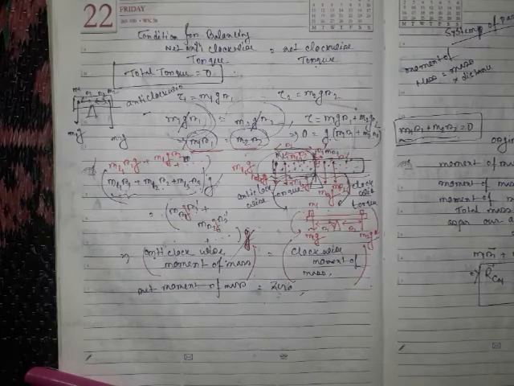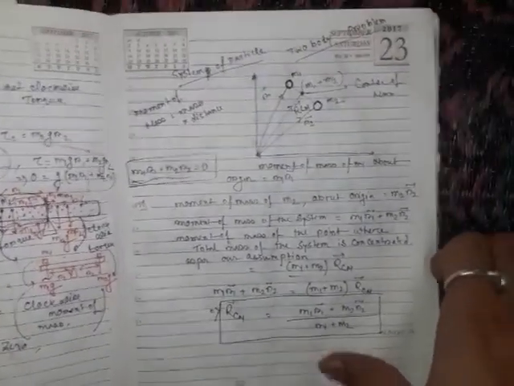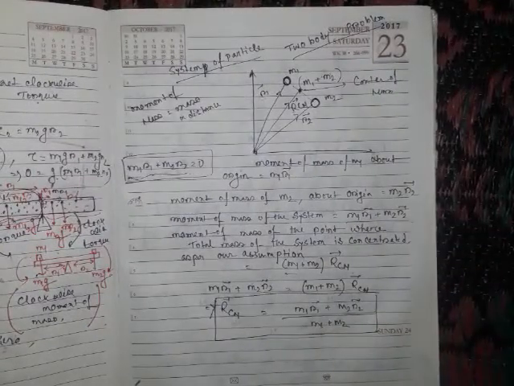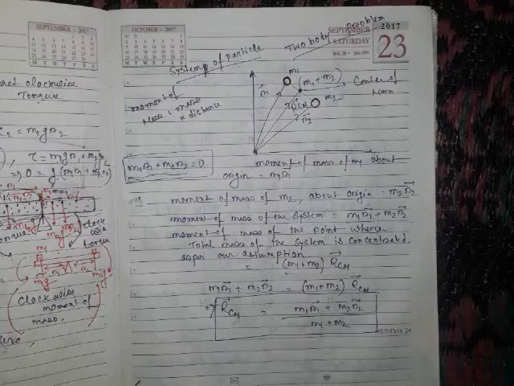So the first definition of the center of mass is that it is a point about which the total mass of the body is equally distributed. The second definition of the center of mass is a point about which the moment of mass is 0. Clear?